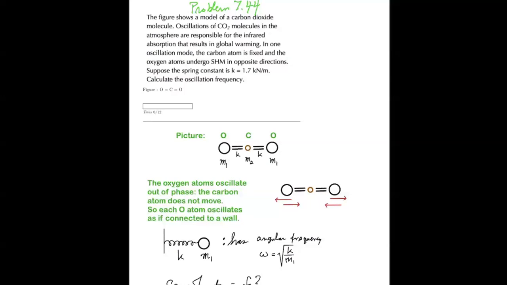Now, one of the modes of oscillation is a symmetric mode, or actually, I guess it would be an anti-symmetric mode, where the carbon atom stays at rest and the oxygen atoms oscillate equal but opposite amounts in opposite directions. The carbon dioxide molecule is shaped like a line.